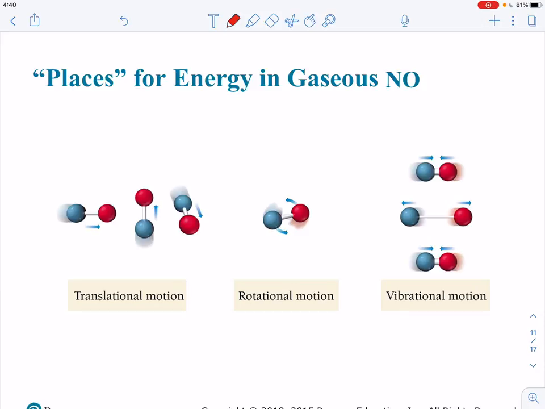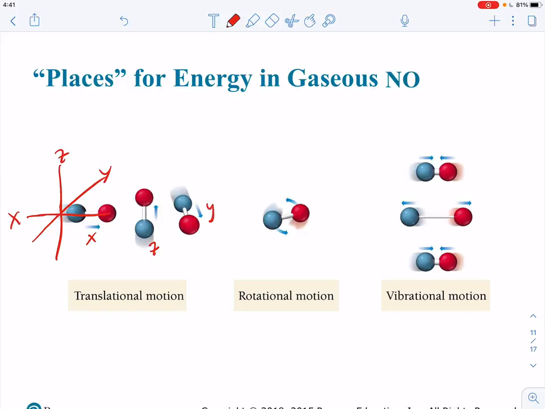They have translational motion. That means, let's say if you look at X, Y, Z axes, how that molecule is moving along those axes. In this case it's moving along X, in this case let's say along Z, and in this case along Y. It doesn't really matter.